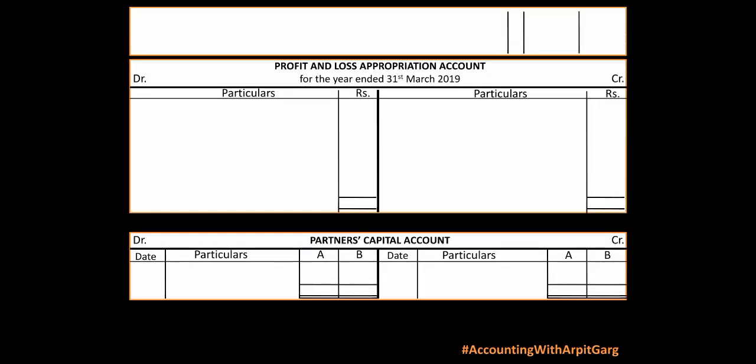Now, please make the format of journal entries of 2 pages at least, then a format of profit and loss appropriation account, a format of partner's capital account, and just like partner's capital account, make another format of partner's current account also, but a slightly lengthier one than this.